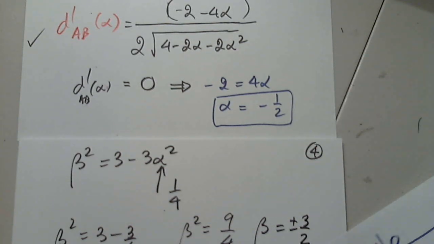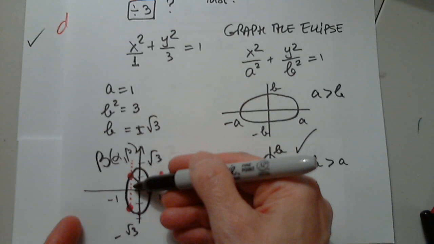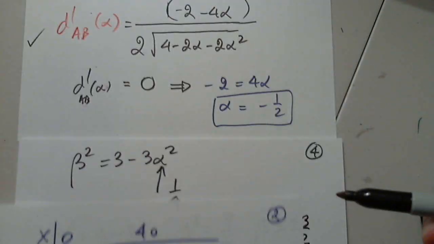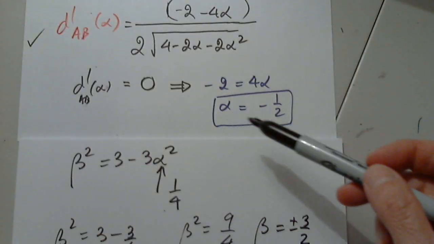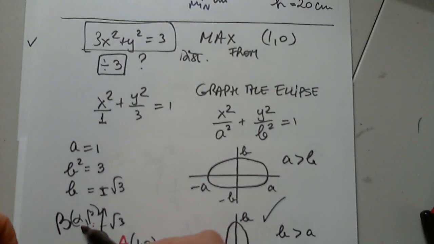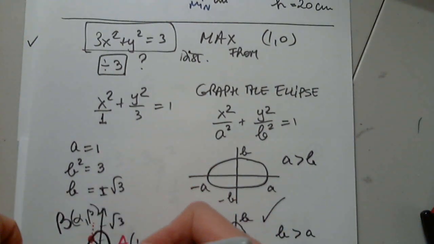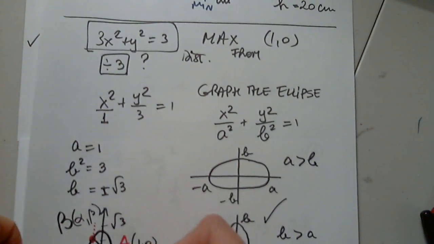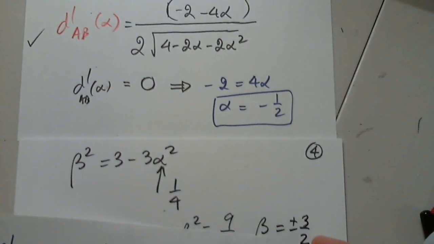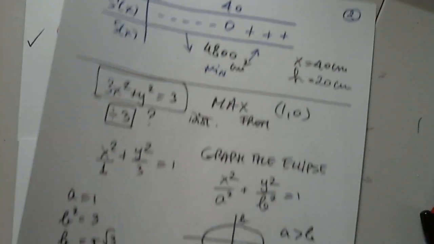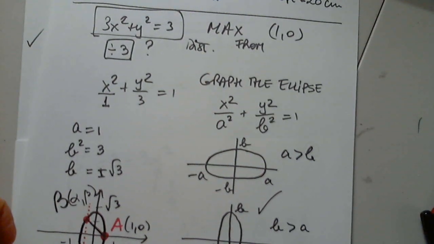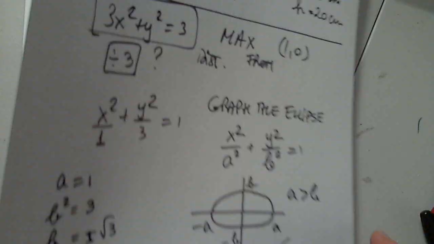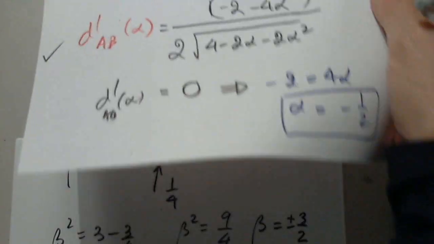So therefore, as expected, we found the same alpha, negative 1/2, right here on this vertical, negative 1/2. And the two betas are, this one has 3/2 and the other one has negative 3/2. I'm going to graph it again so it's clear.